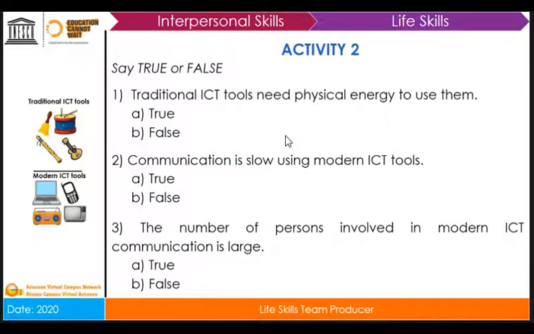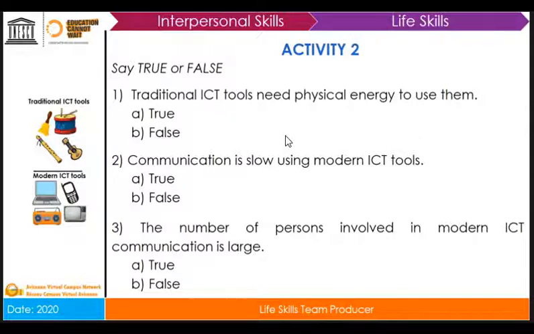So far, I want you now to engage in activity 2. The instruction is for you to say true or false.